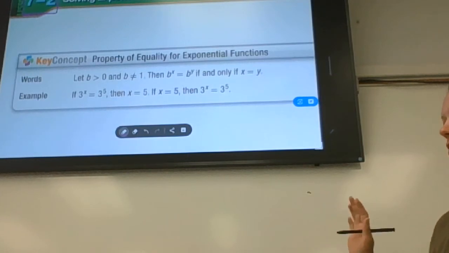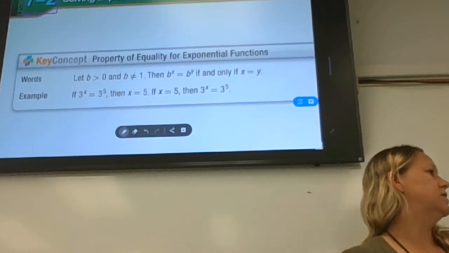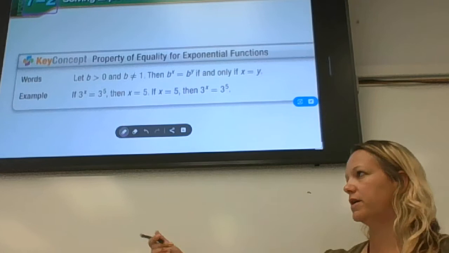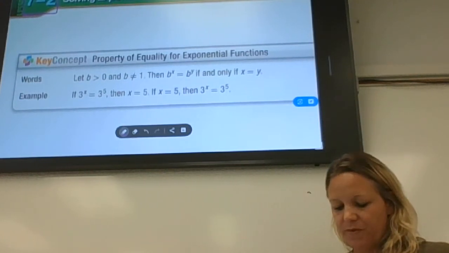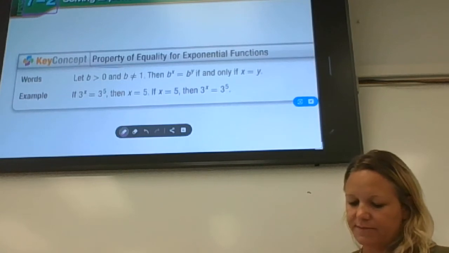So far we've covered graphing exponential functions and exponential growth with continued compounding interest. This is the property of equality.